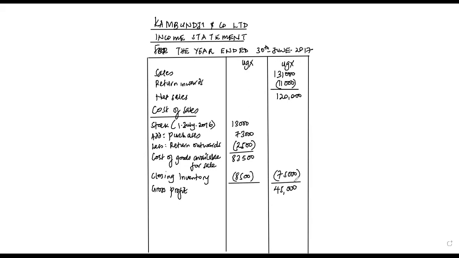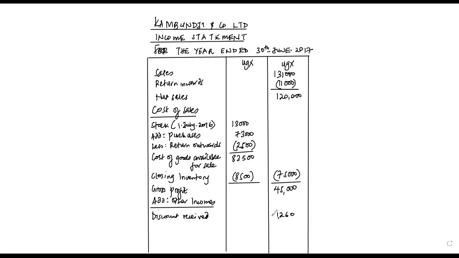Then after getting the gross profit, you have to add the other incomes. And under other incomes, we have the discount received, which is 1,260.